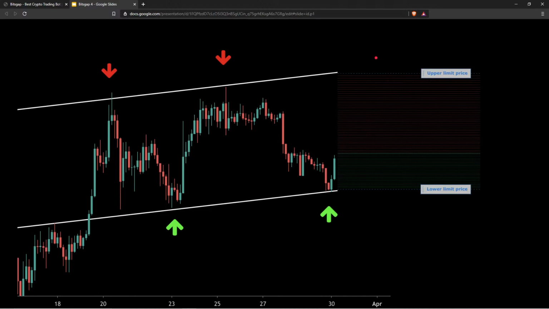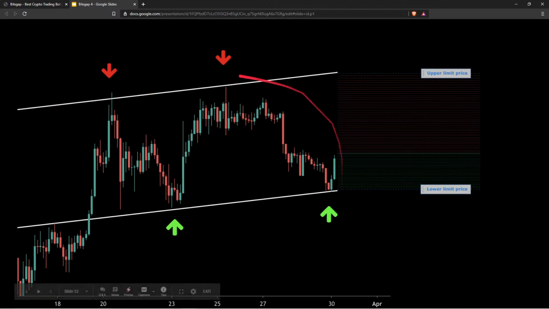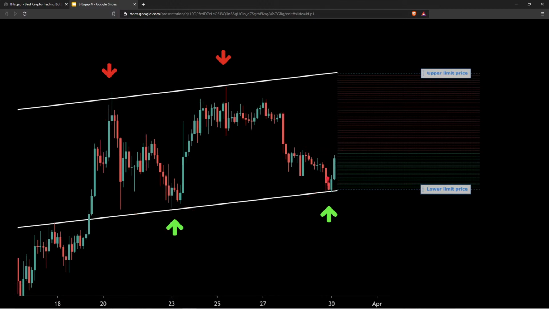In order to limit the risk, because it's not always guaranteed that even though you spotted this perfect channel up pattern, it will sustain and continue rising. It can be that it will breach the support line, because that's the statistical analysis.